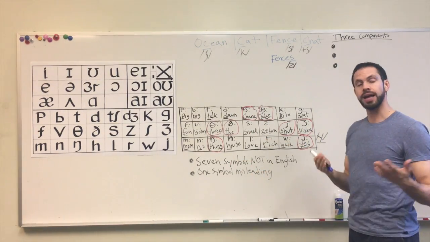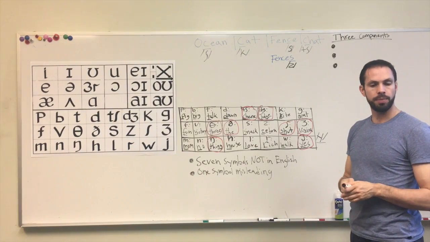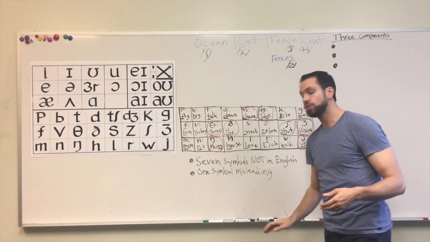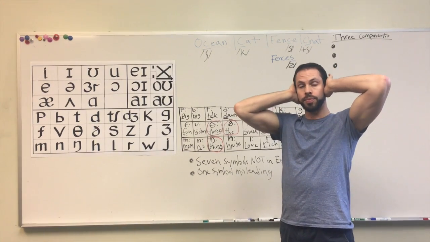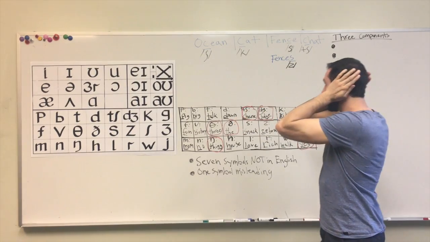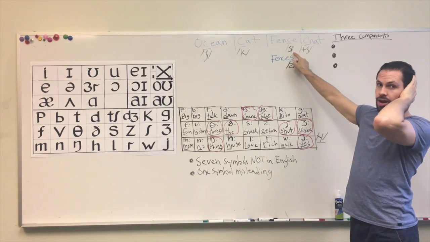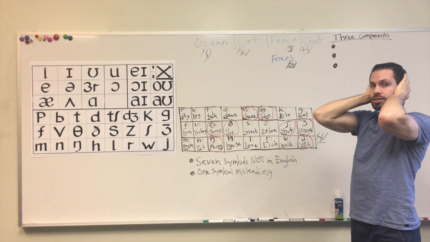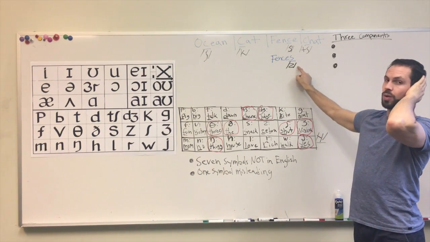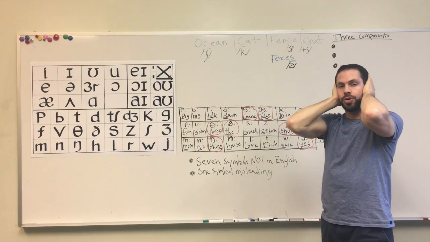To find out the difference, this is something you can try yourself. I want you to cover your ears like so, and first pronounce this sound, as in s, and then switch to this one, as so.